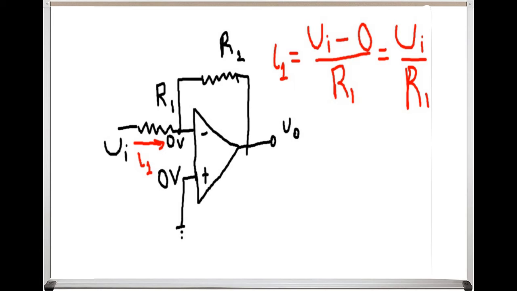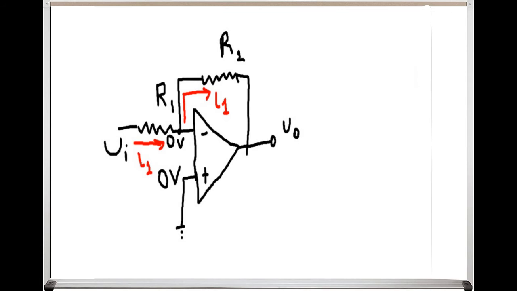As we have already mentioned, one of the basic characteristics of the op-amp is that its input impedance is infinite. This means that the current cannot enter through the terminal inside the op-amp. So there is only one path that the current can continue to, and this is feedback. Since the current that flows through the R2 resistance is the same, I1, we can use Ohm's law to find the output voltage V out.